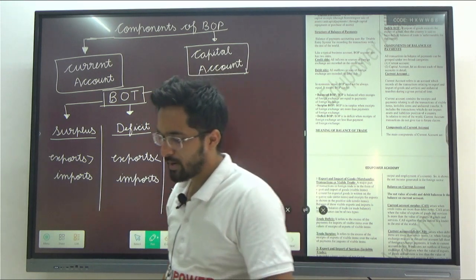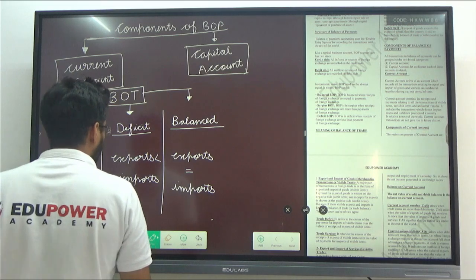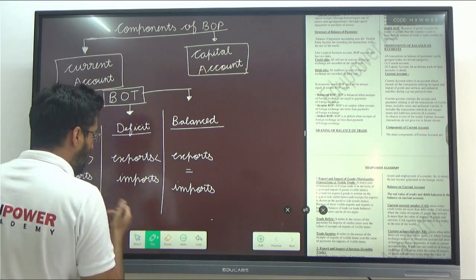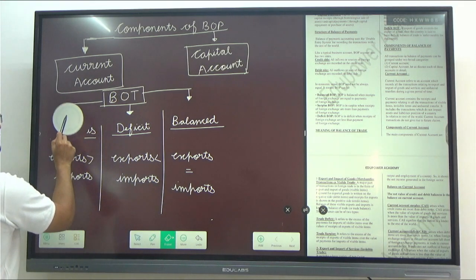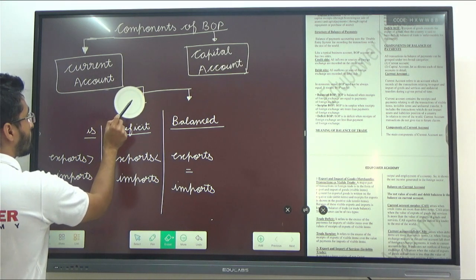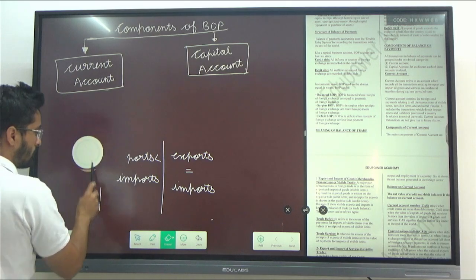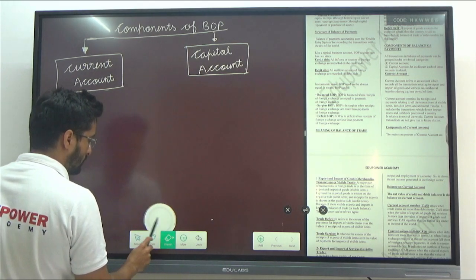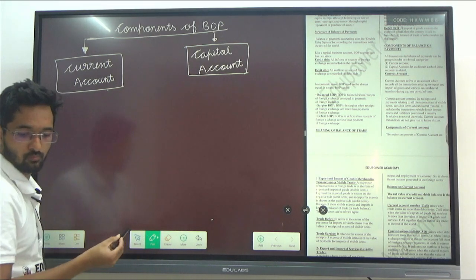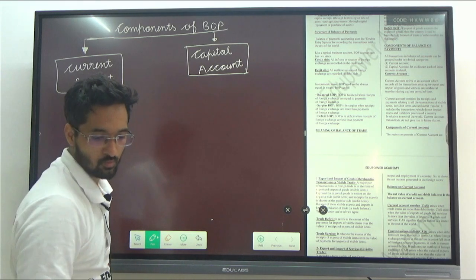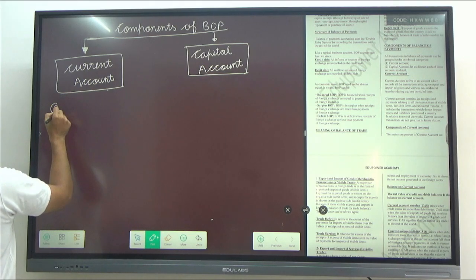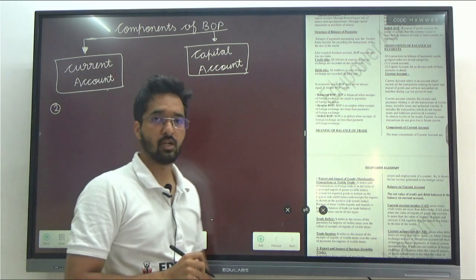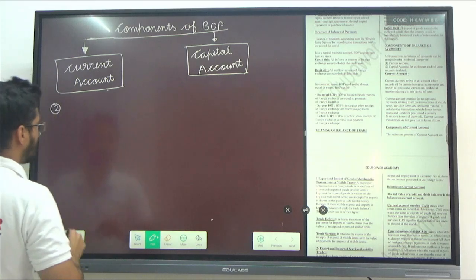Next is balance of services. We are studying the current account. First we studied export and import of goods. Next heading is balance of services.